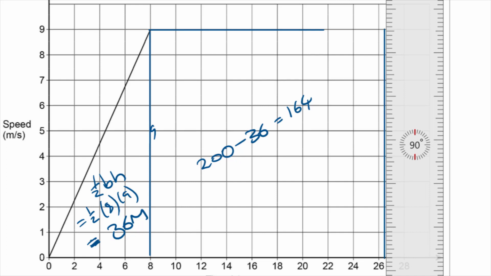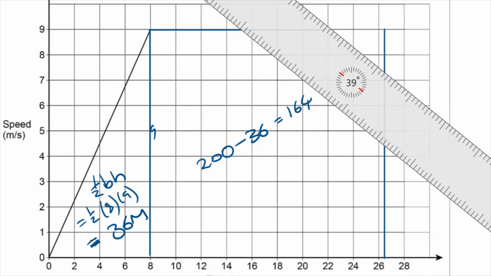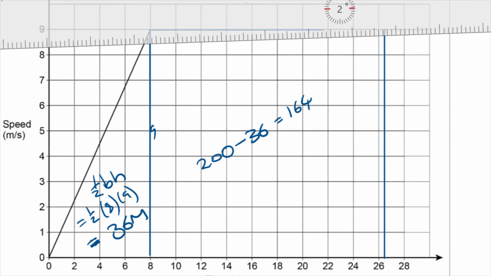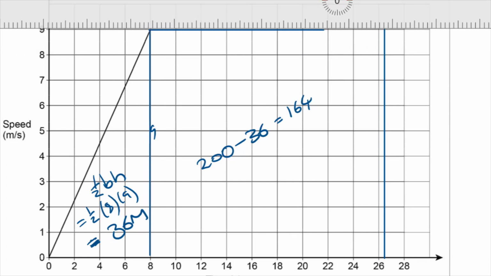So completing the graph unnecessarily because I've already got the answer, haven't I? But let's just finish it off for completion's sake. So 164 divided by 9 tells me that was 18.2.